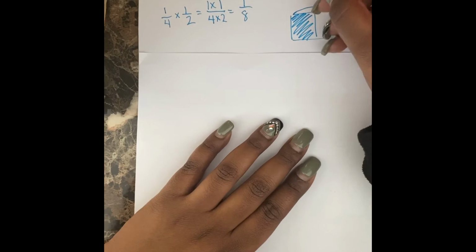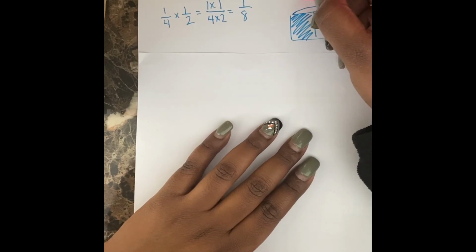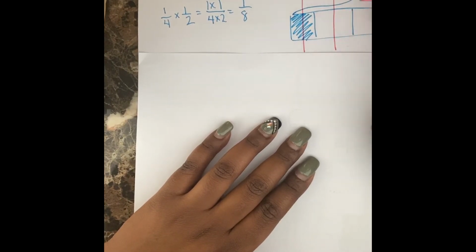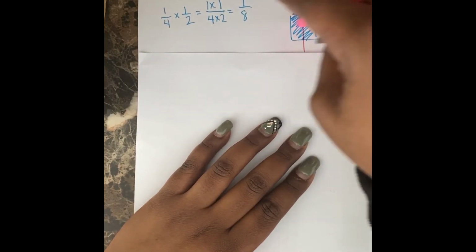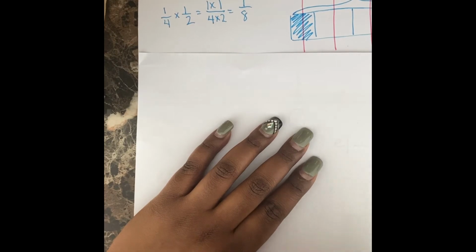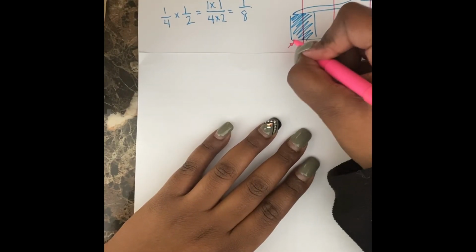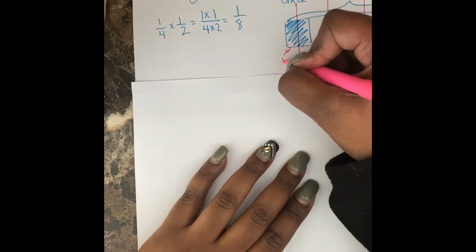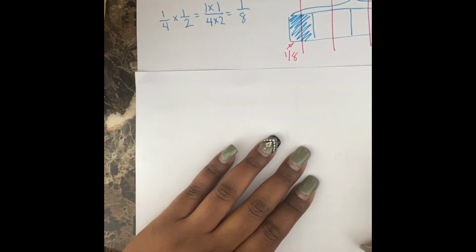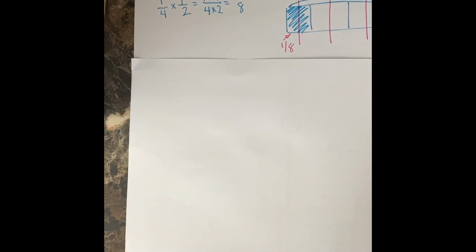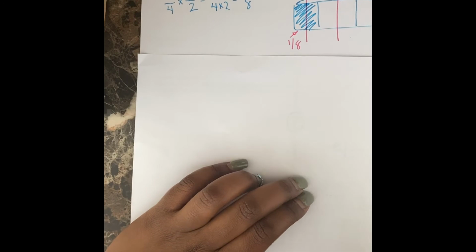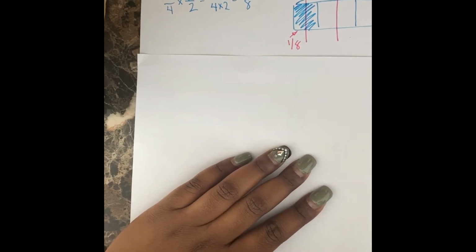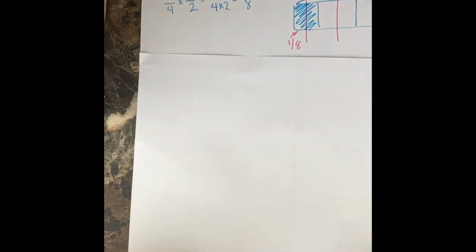So I'm just going to use a different color marker so that you can see. But I'm simply going to divide each part in half. We see that our new denominator becomes 8 because we have 8 parts here. One of these sections represent my 1/8 that I also got as my answer. So remember, when we are dividing a unit fraction by a whole number, it is the same as multiplying by a fraction.